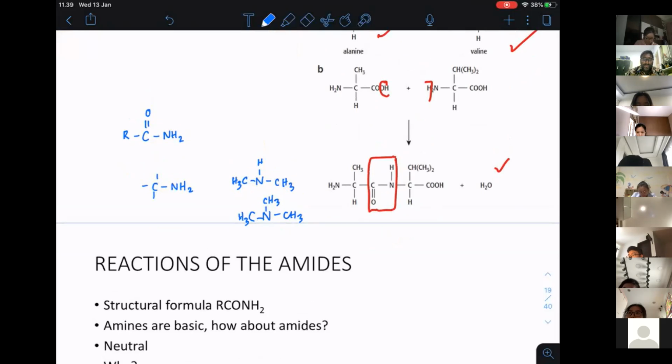So here, if you look at this, we have this structure.